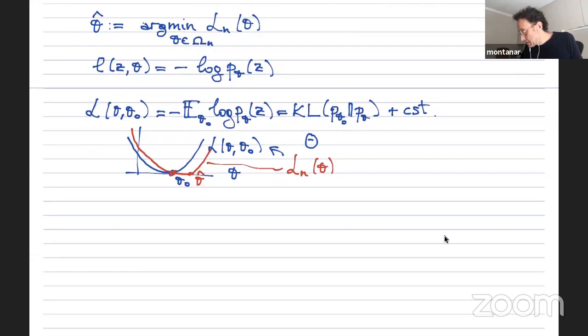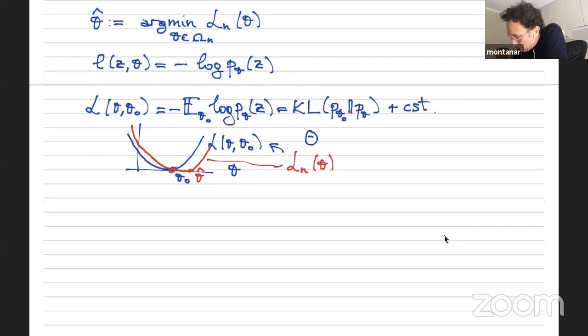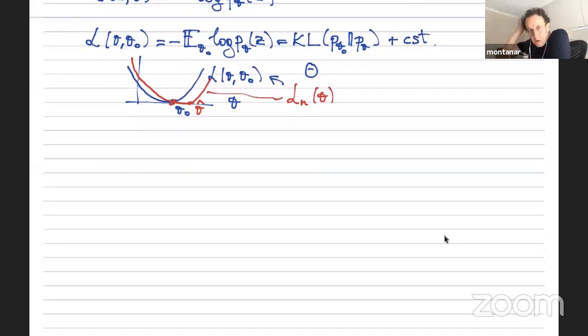Because of that, sometimes instead of minimizing over capital theta, you minimize over a smaller set, and you can make this set larger and larger as the sample size gets larger. This is not always necessary, and of course will not be a main topic of this lecture, but just to be careful, I wrote a constraint there. Yeah, please interrupt me if there is any question. Okay, so this is the picture.